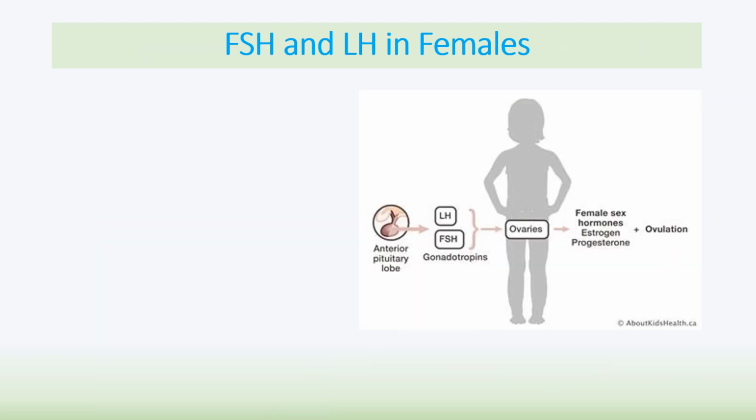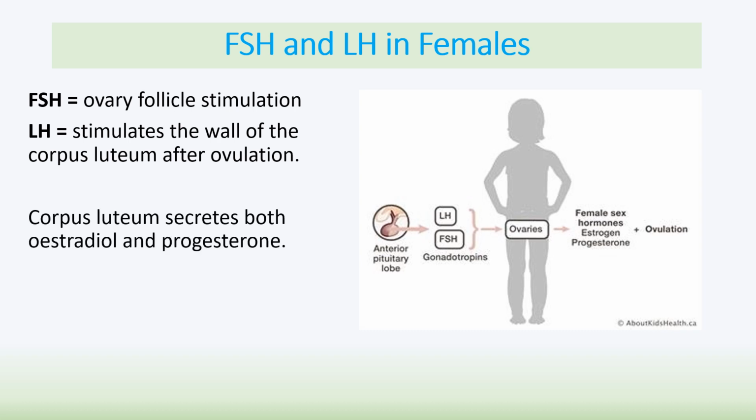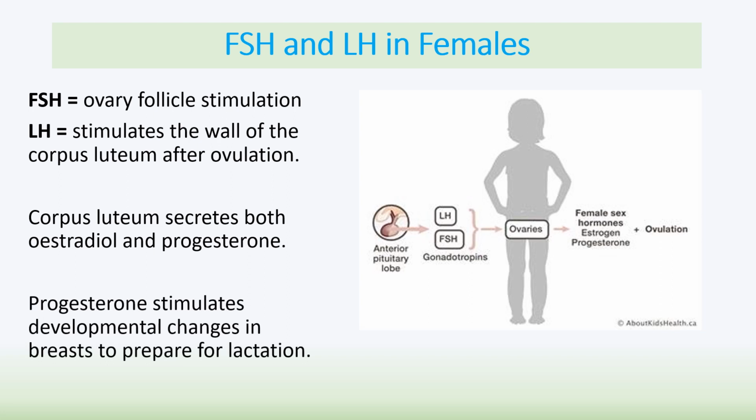Females, the two hormones are also obviously very important. So ovary follicle stimulation is a key thing, and it stimulates the wall of the corpus luteum after ovulation. Corpus luteum is important because it then secretes two hormones which you'll be familiar with, estradiol and progesterone. And progesterone stimulates developmental changes for breasts to prepare for lactation. So you have this triggered effect. The gonadotrophin hormone is released from the hypothalamus, goes to the pituitary gland.